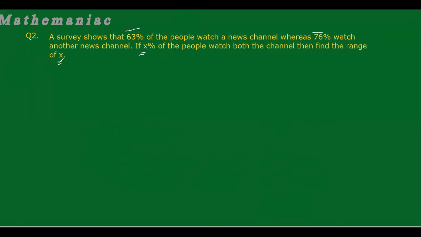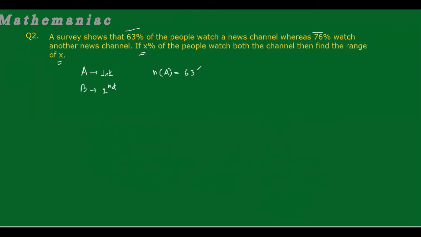Here, as everything is given in percentage, the universal set contains everything, which is equal to 100%. For making the question formalized, I am writing it like this. Suppose A is the first channel and B is the second channel, and the number of persons liking A is 63.